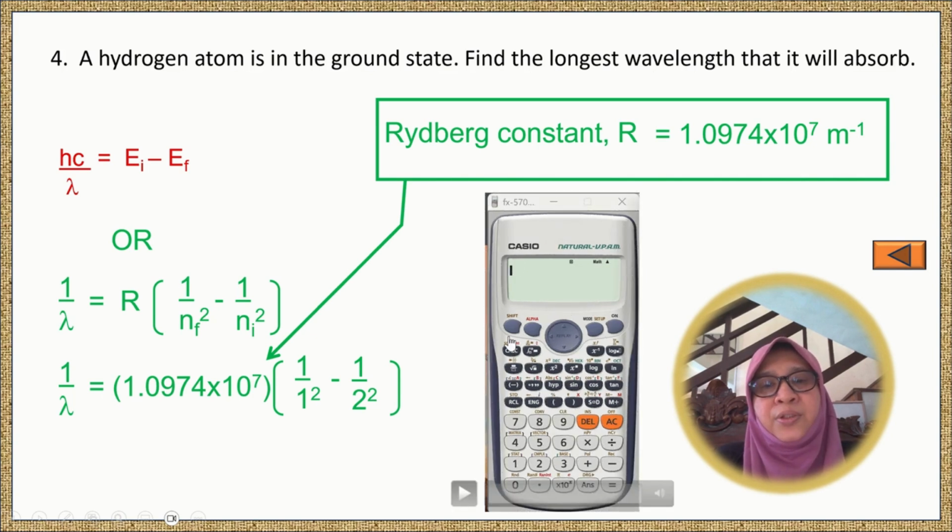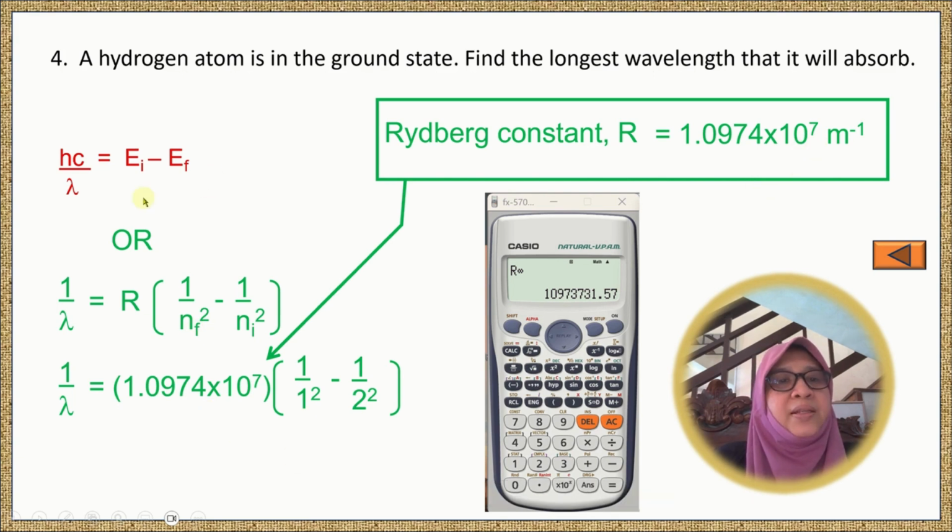You use shift, constant, and for a Casio calculator, the constant is labeled as number 16. So the value of the Rydberg constant is 1.0974 times 10 to the 7 per meter.